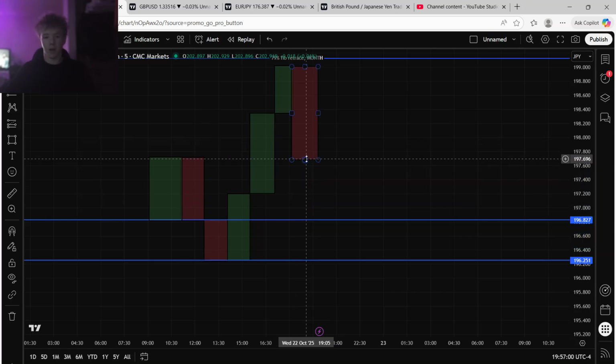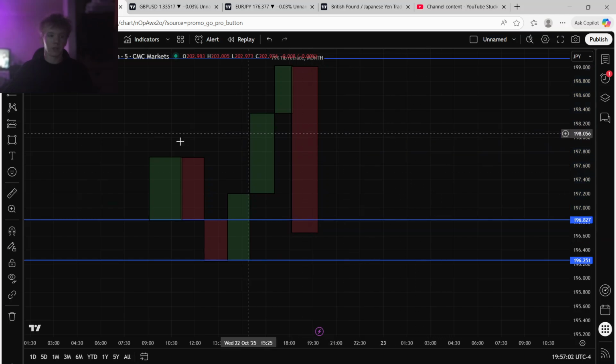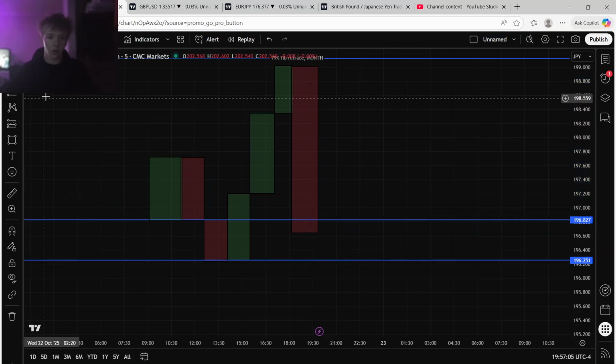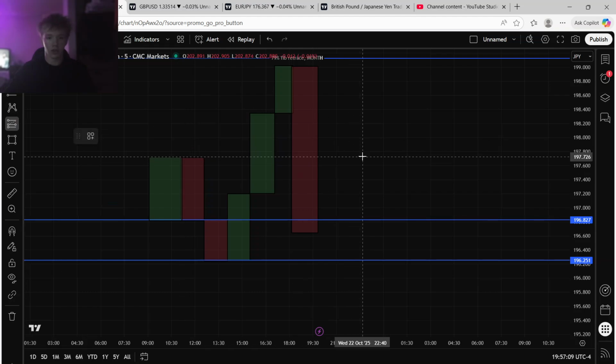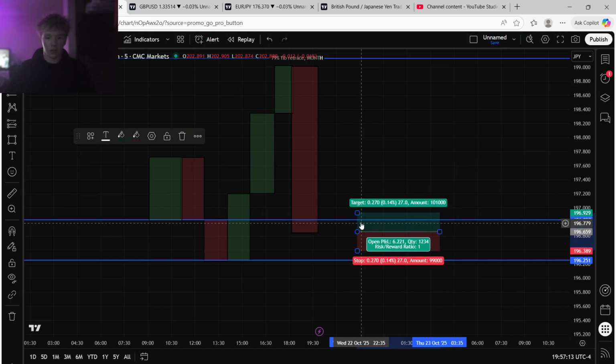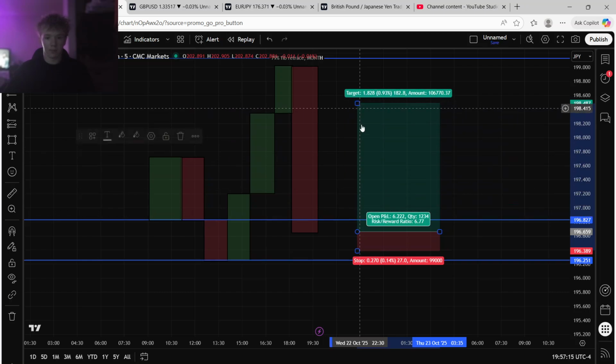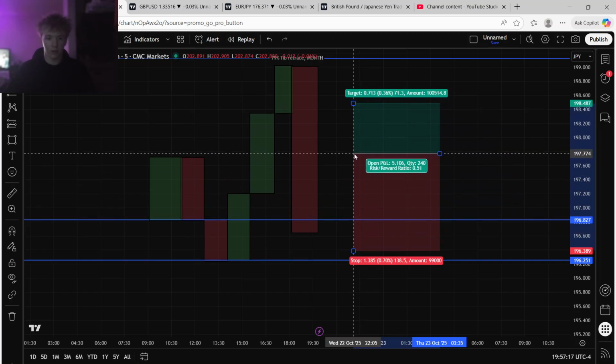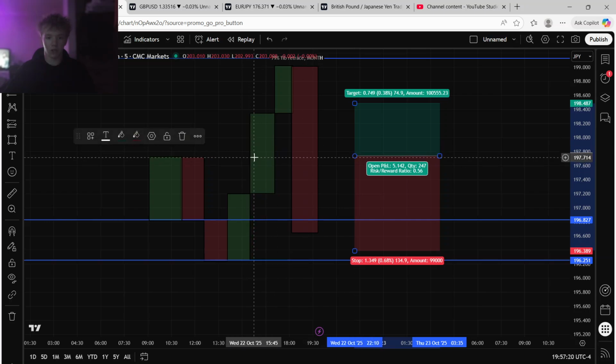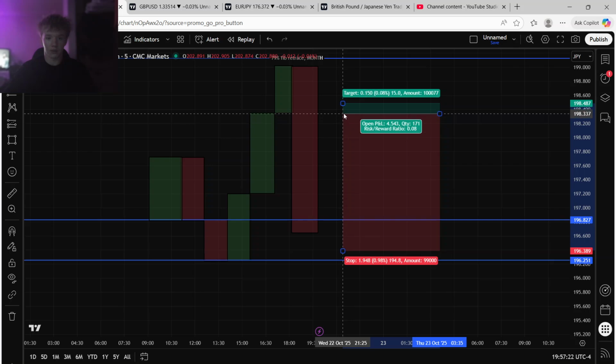So to simplify this, we'll go in here. This is the whole point of using an order block entry. You're waiting for a retracement into the zone, which would be right here. If you traded off of this break of structure, you would get in on this candle.